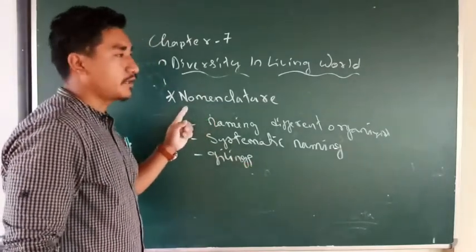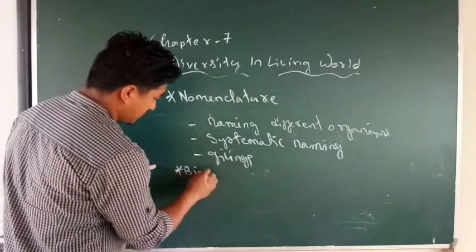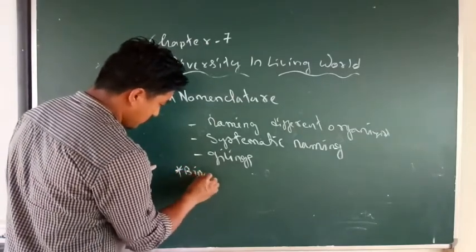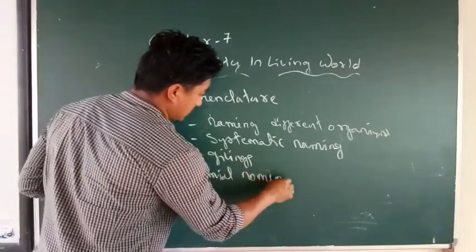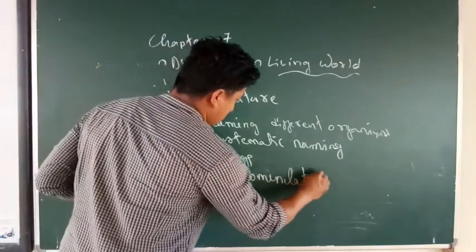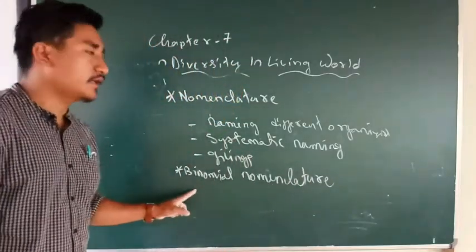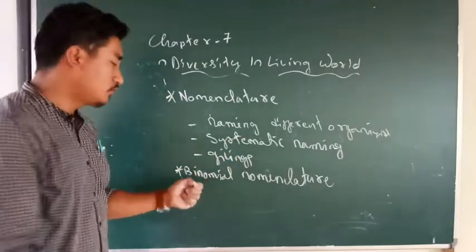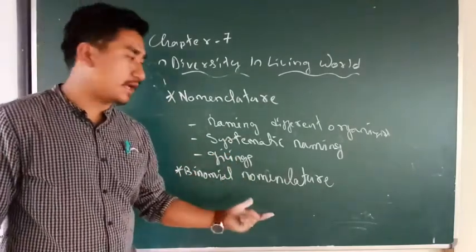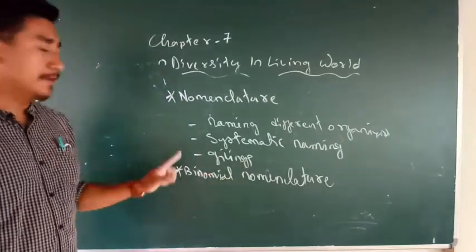Then under this you have binomial nomenclature. Binomial nomenclature means assigning or giving a two-word name. That is, giving the scientific name to an organism is called binomial nomenclature.